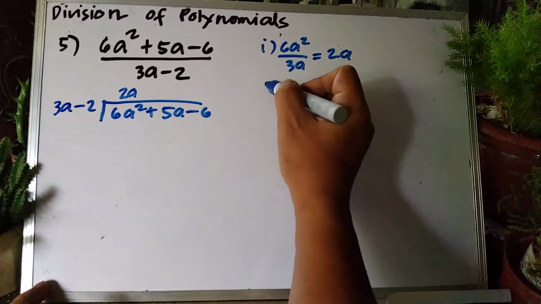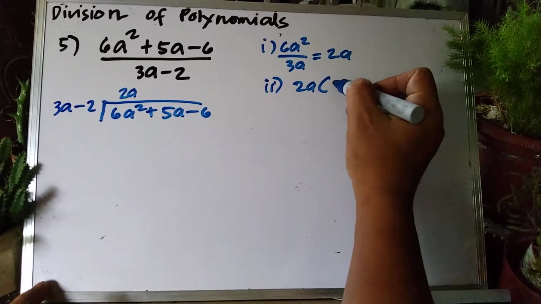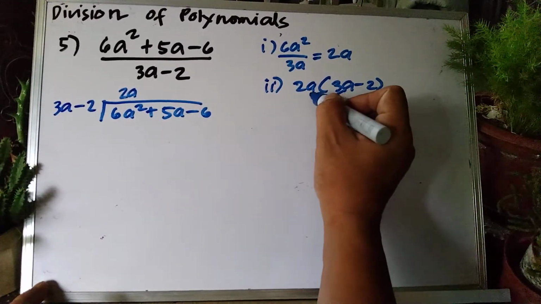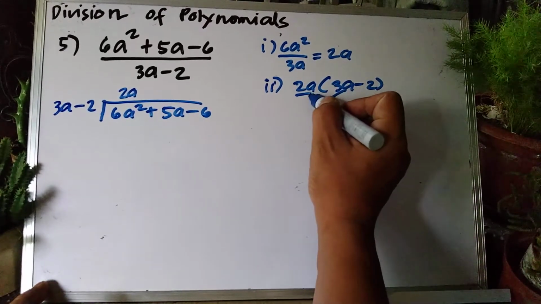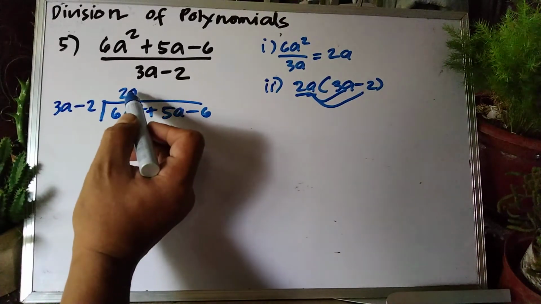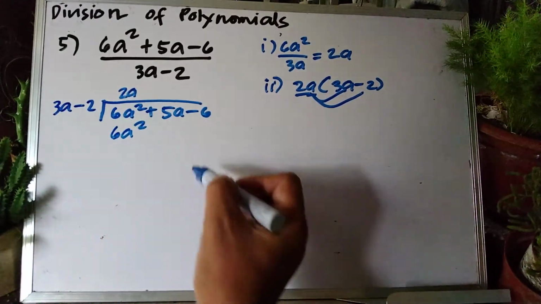So, step 2. 2a, i-multiply na to kang divisor nga 3a minus 2. Meaning, imo na siyang i-multiply si 2a kang 3a, si 2a kang negative 2. Okay. So, mao na siya diri. 2a times 3a, you have 6a squared.